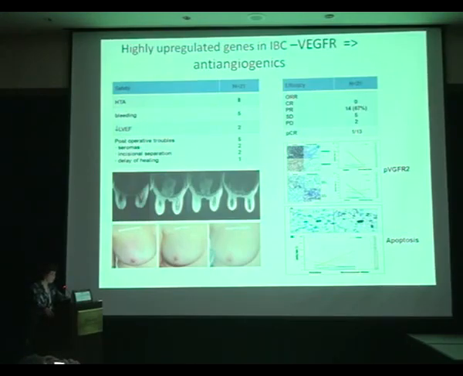VEGFR is also upregulated in inflammatory breast cancer, and we have some clinical trials with bevacizumab or anti-VEGFR drugs showing good results in terms of treatment. You can see here a patient with an inflammatory breast cancer with a complete response with bevacizumab.